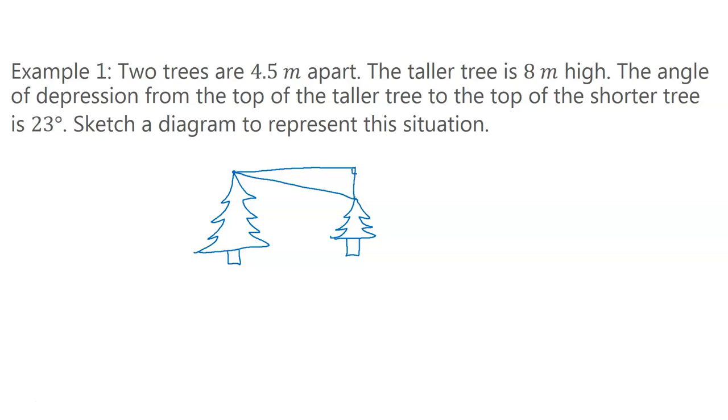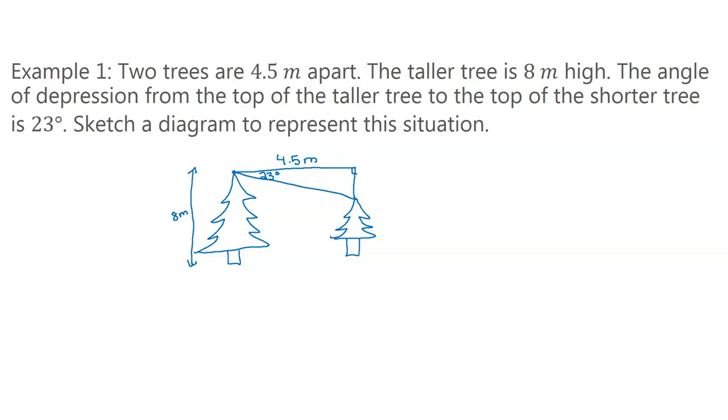So this angle of depression is 23 degrees. Tells us the 2 trees are 4.5 meters apart, so that's this distance here. And it also tells us that the taller tree is 8 meters tall. So that's all the information we're given.